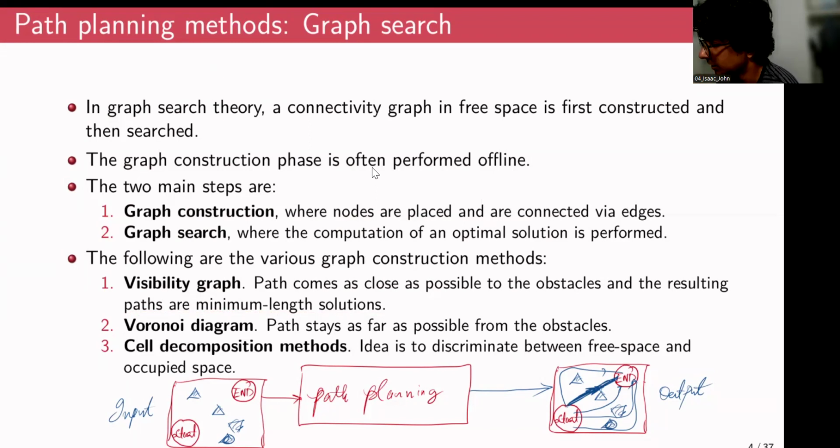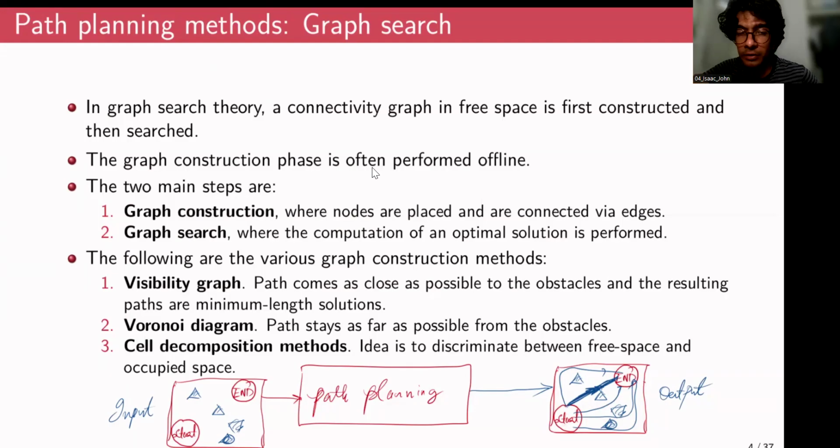So if I consider this to be the start position and this to be the goal position, you can consider this to be the minimal length solution, right? And the lengths of any other paths are basically higher distances.